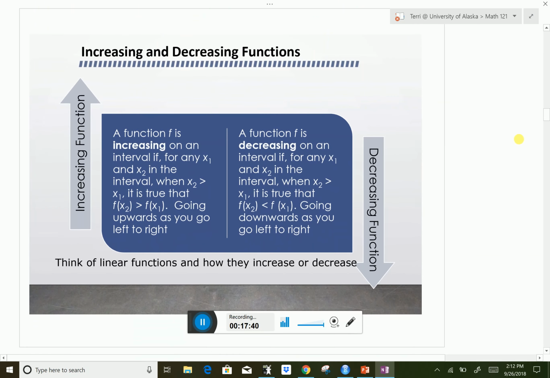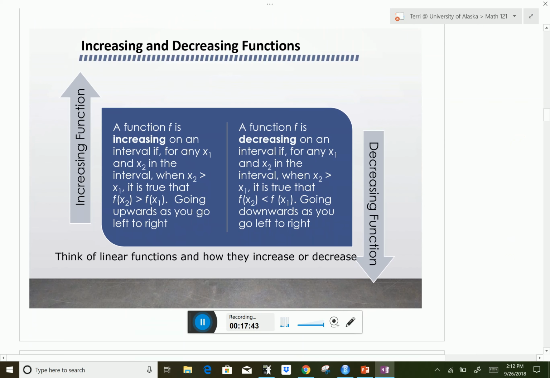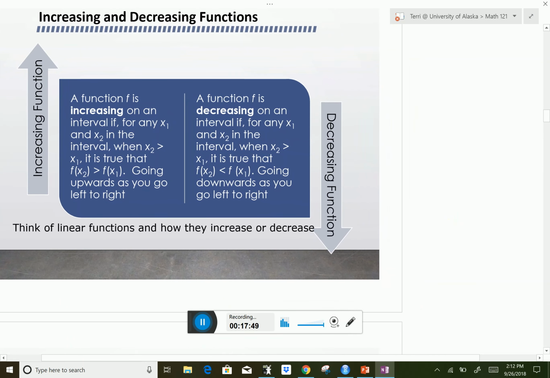So let's talk a little about increasing and decreasing functions. A function is increasing on an interval, okay, this looks really confusing, if for any x1 and x2 in the interval, when x2 is bigger than x1, then the function value is bigger.